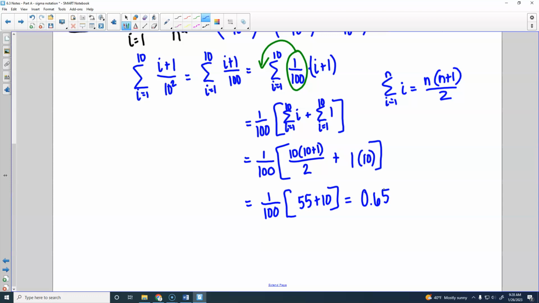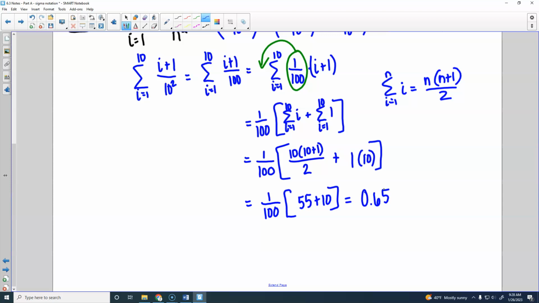You could do that, but the shortcut rules that I have here only work if i equals 1.